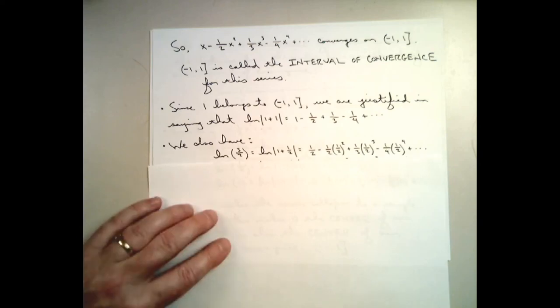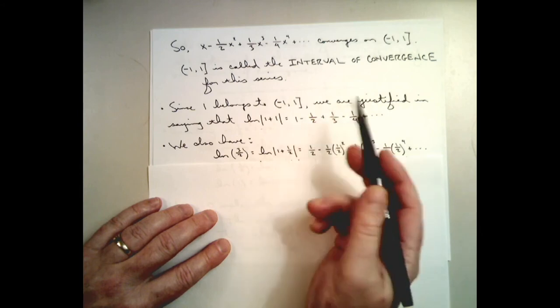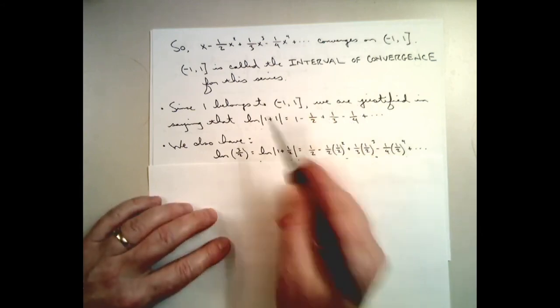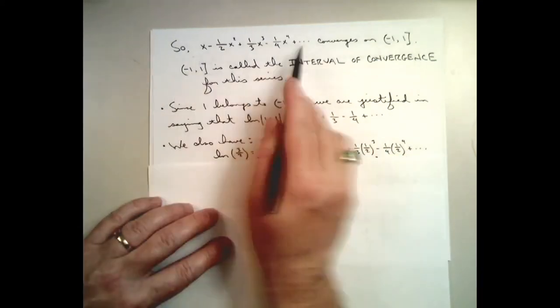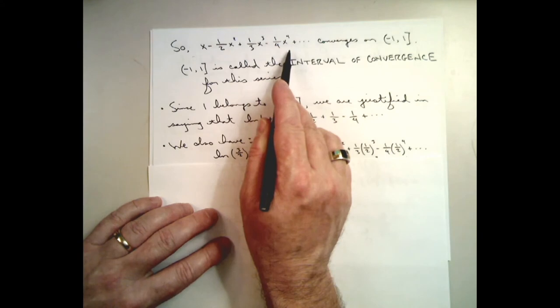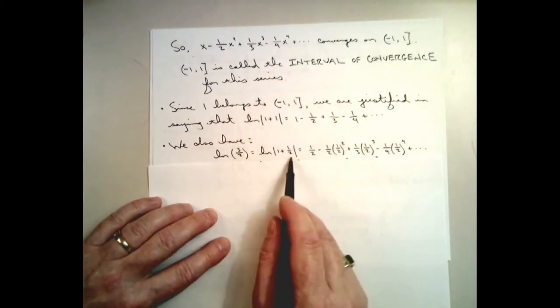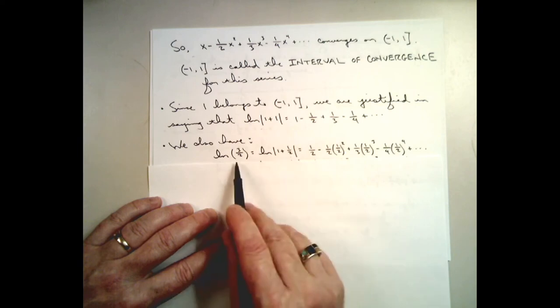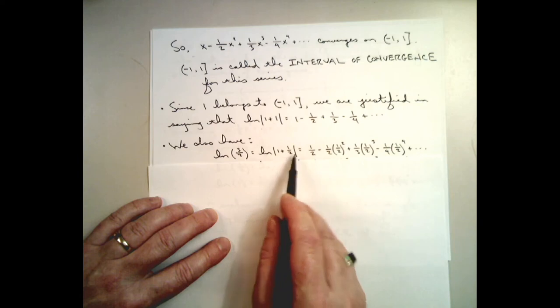We have lots of other facts as well. If I had substituted, so we were looking at the natural log of 1 plus x equals, here was our series. So this series is equal to the natural log of 1 plus x. Well, if x is 1/2, then I'm looking at the natural log of 3/2. But the series looks like, so x is 1/2, here's our series.